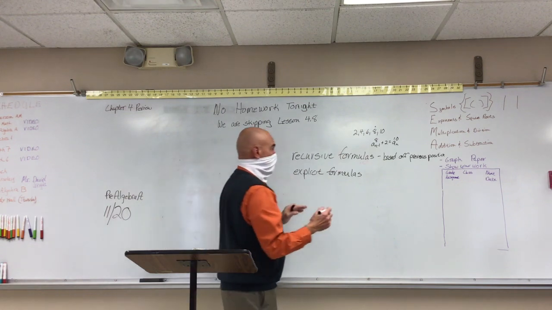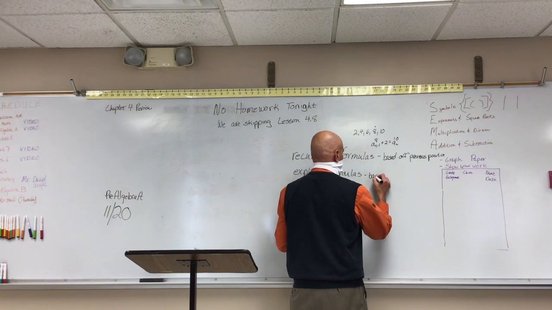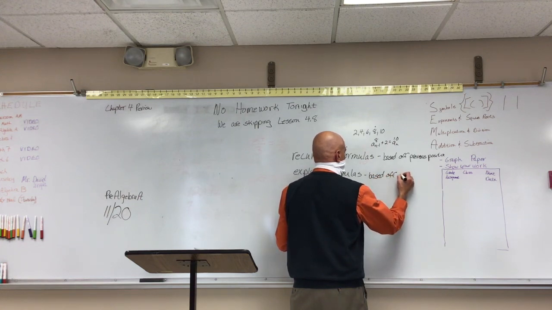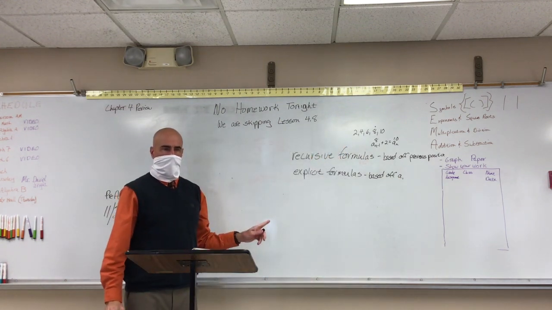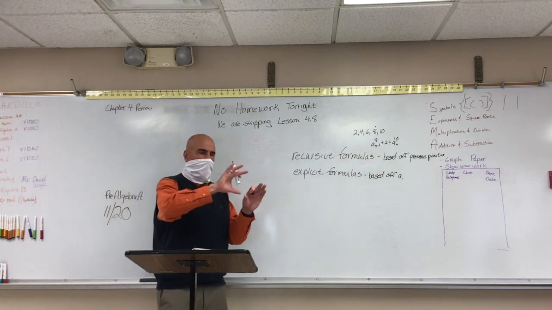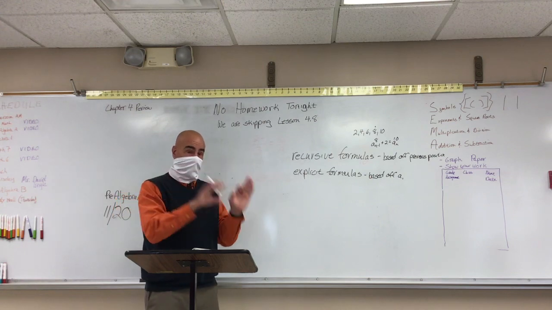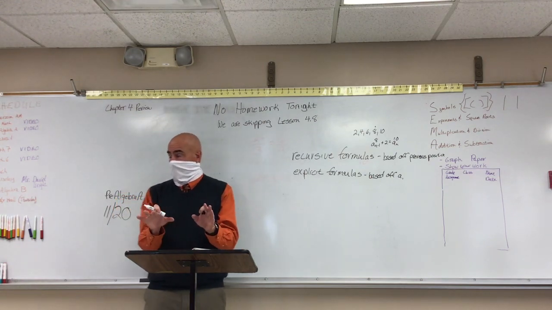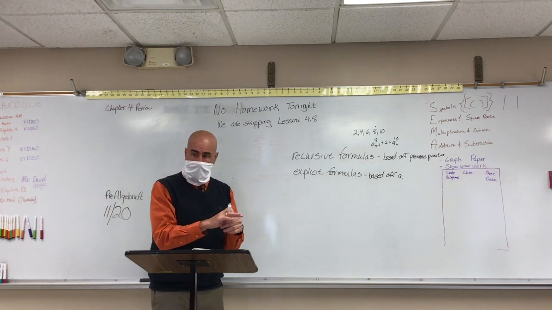With an explicit formula, it's based off A1. We look at the first number in the sequence when we do an explicit formula. Then we build based off of the difference for arithmetic and the ratio for geometric.